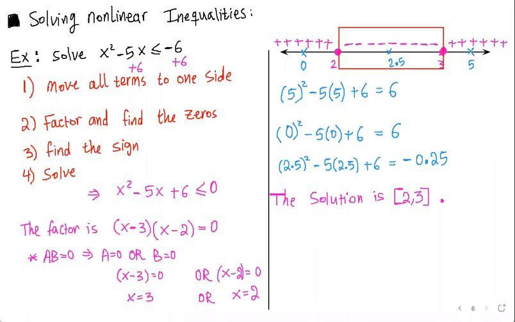Because we have equal, this means when this expression will be negative or 0, it will be at 2, because at 2 it gives me 0. Plug the 2 inside the inequality, it gives me 0. So the 0 is inside the solution. That's why I make it a closed interval at 2 and 3.